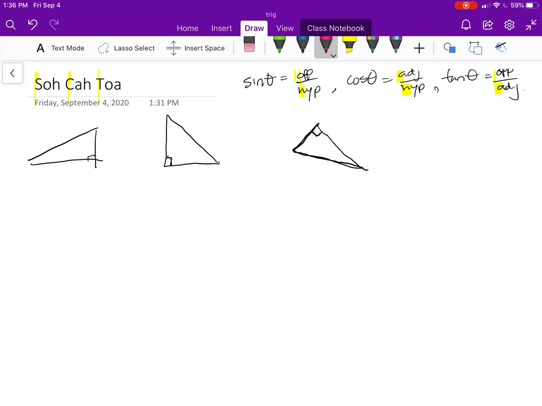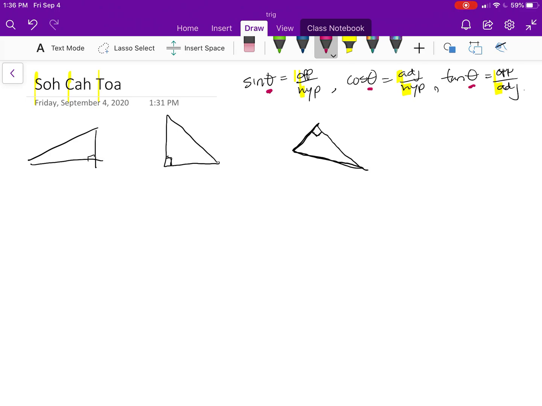And even, quick step back before that, I chose to use theta for the angle in these. That's very common in trig. But often when we're dealing with right triangles, like I'm going to do in this video, we use capital letters for angles A, B, and C, and we use lowercase letters for the sides.